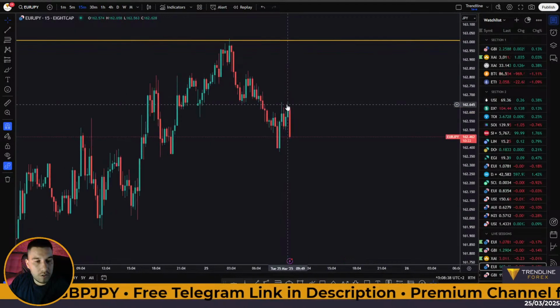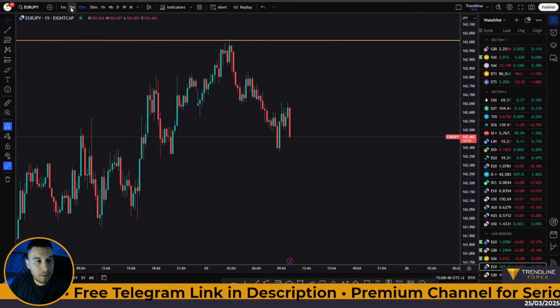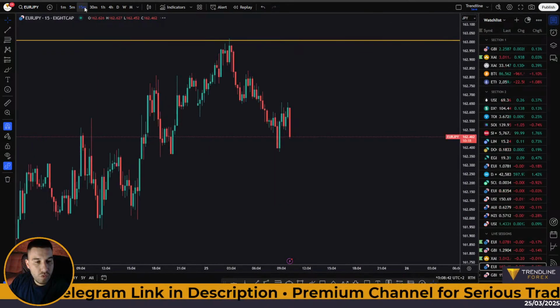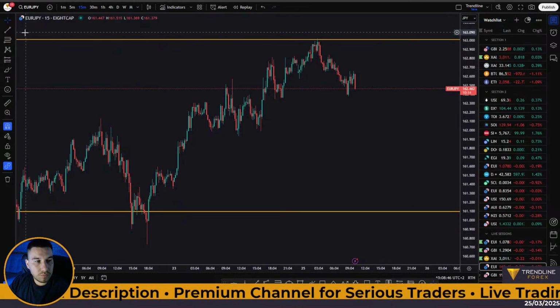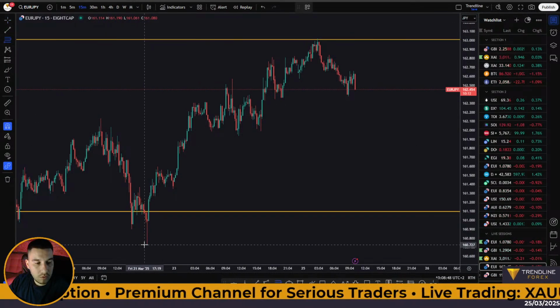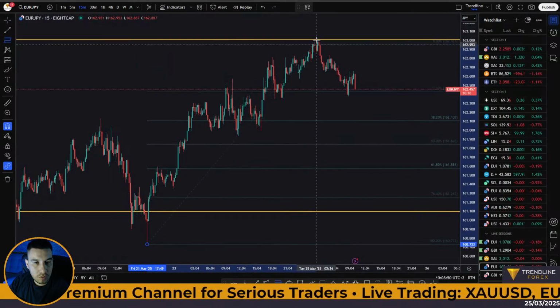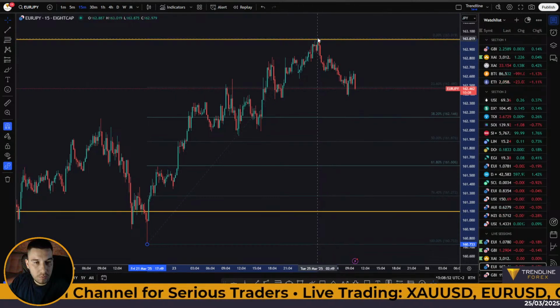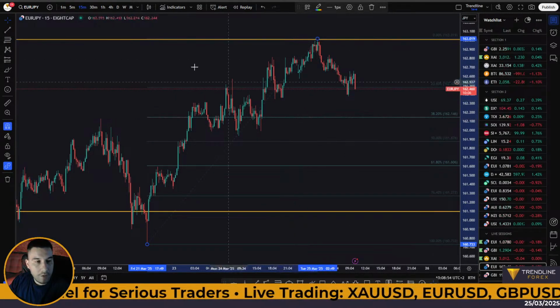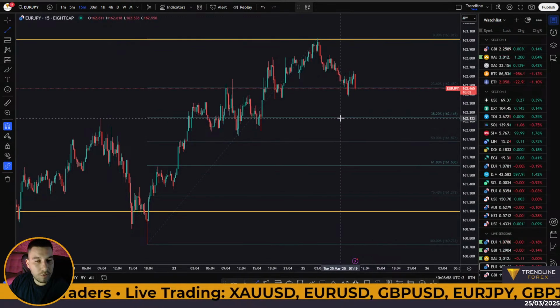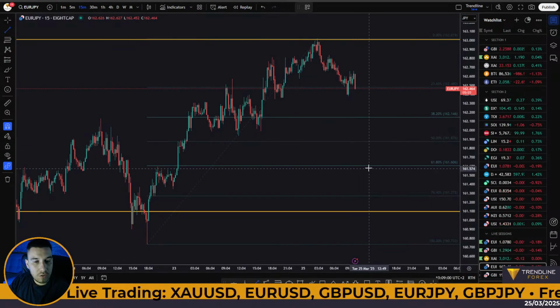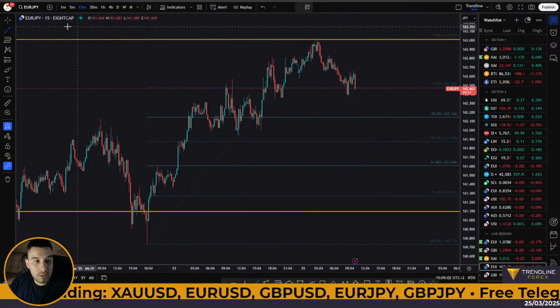All right, so we currently see a pullback. What do we have? We have the 38.2 level, 162.14 down to 161.16.